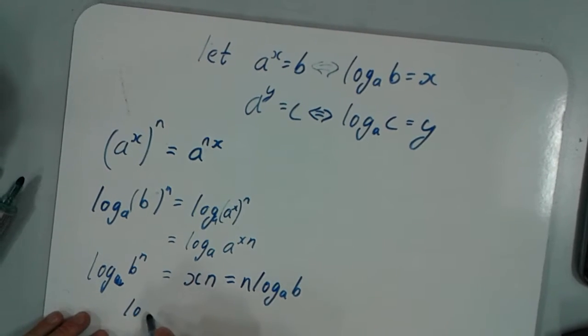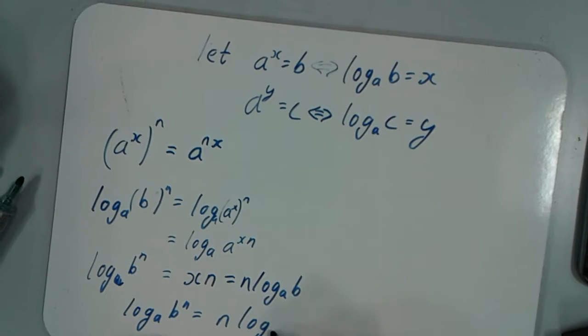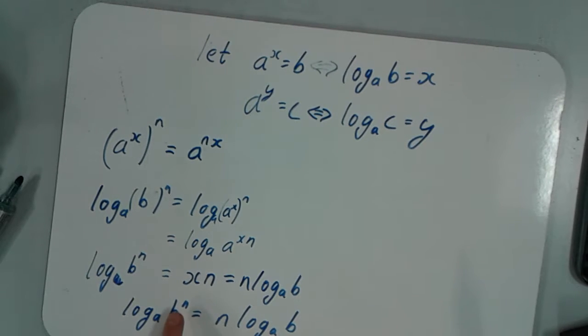So that tells us that log a of b to the n is equal to n log a of b. Shorthand for that is you can bring powers to the front.